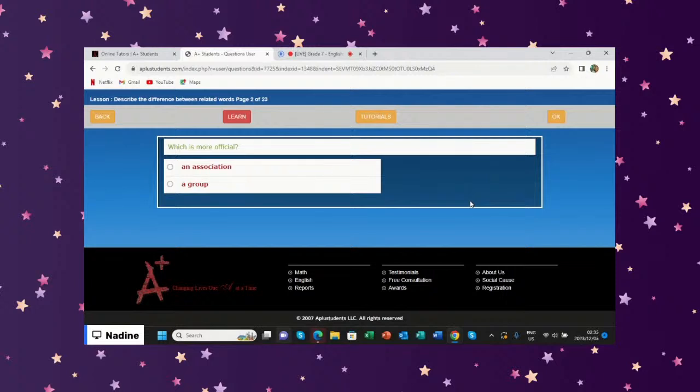So which is more official, a group or an association? So we need to say which is more official.